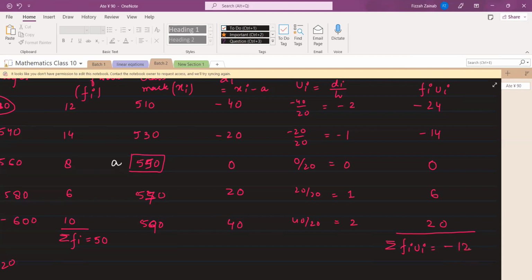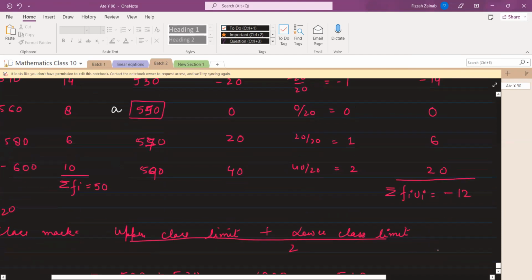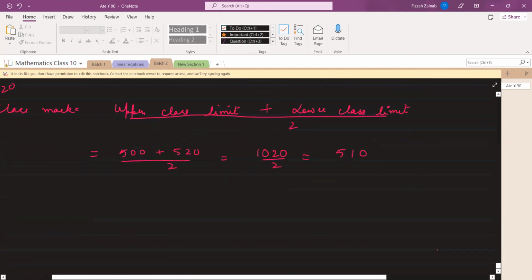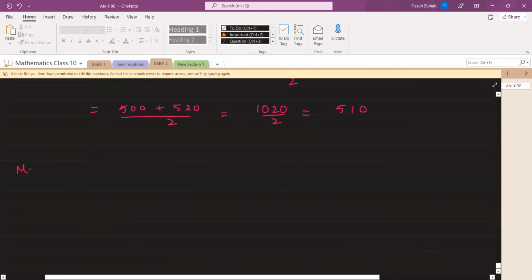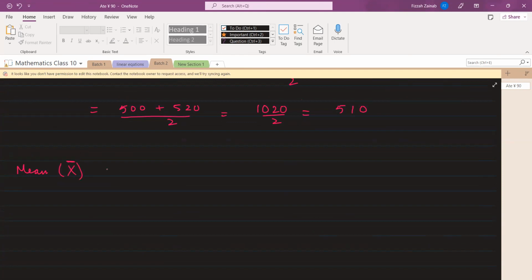Okay, minus 12. Right. Now find the mean. So mean, which is denoted by capital X bar, is equal to, so step deviation means the assumed mean plus h multiplied by summation of fi ui divided by summation of fi.